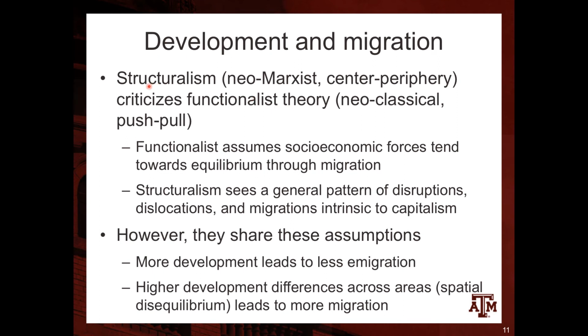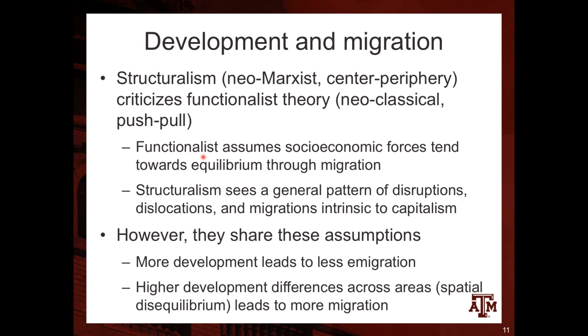Structuralism is the neo-Marxist and center-periphery theory that usually criticizes the functionalist theory, which is known as the neoclassical or the push-pull theory. They have different explanations of why migration happens.